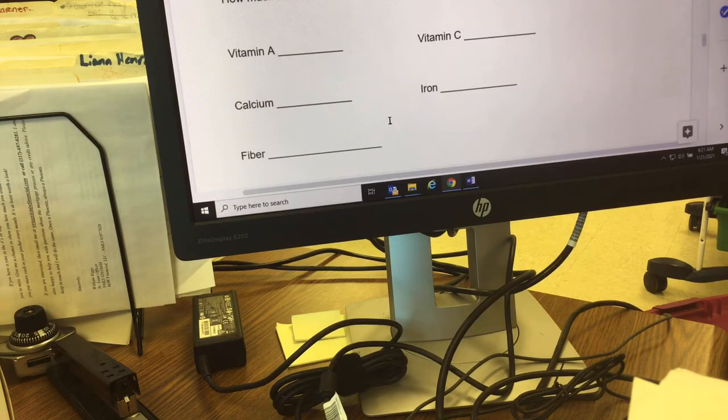Okay, they've added this year potassium and a few other minerals. Potassium, remember we talked about helping with those Charlie horses, and magnesium. So they're adding on the product label more minerals so that you have a better idea of how many minerals you are taking in, which is great so that you know if it's a more nutrient dense food.